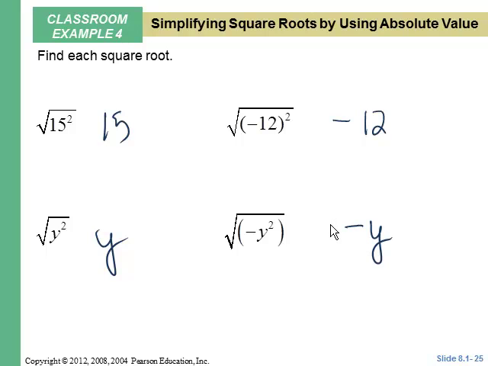No, it's not. They're both positive. Those last two would be positive: positive 12, positive y. That's why we always get a positive number anytime we do these square roots.